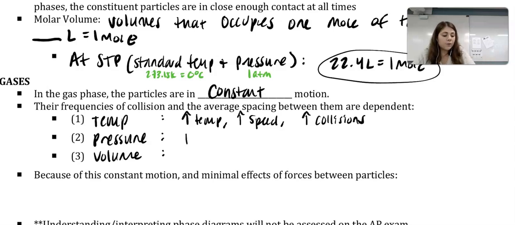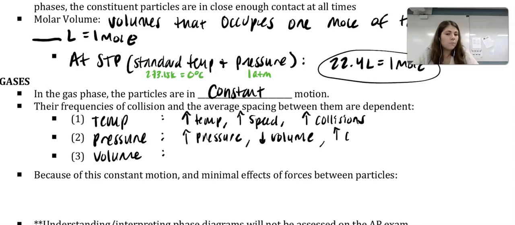Now, when it comes to pressure, if we increase the pressure, which remember is the force exerted by the particles on the sides of the container, that means there should be a smaller volume. So here, more collisions. Pressure and volume go hand in hand.